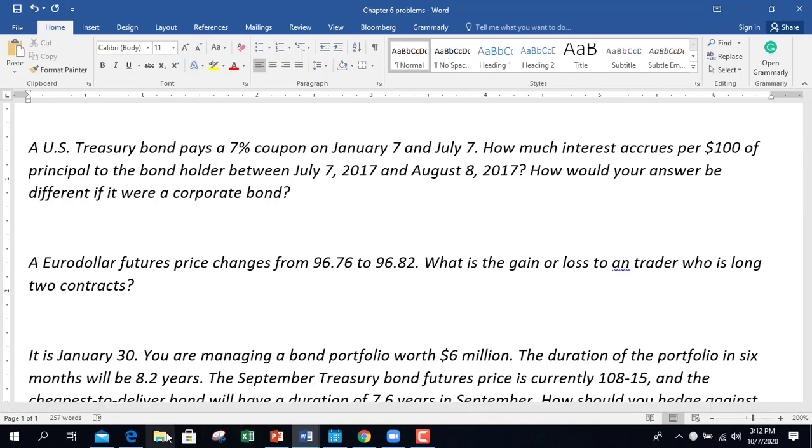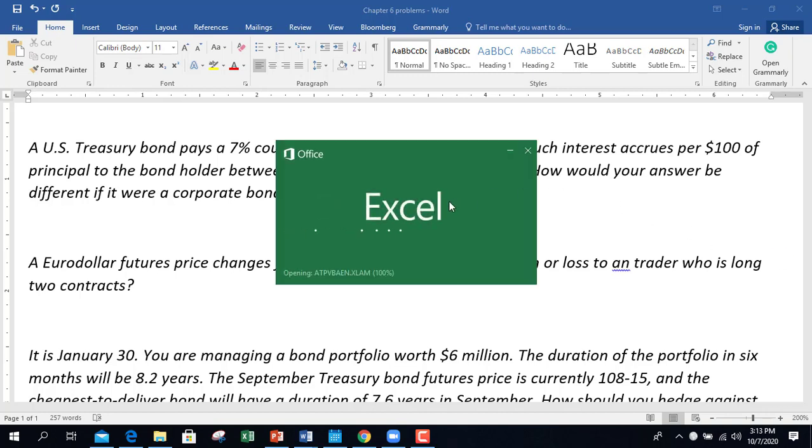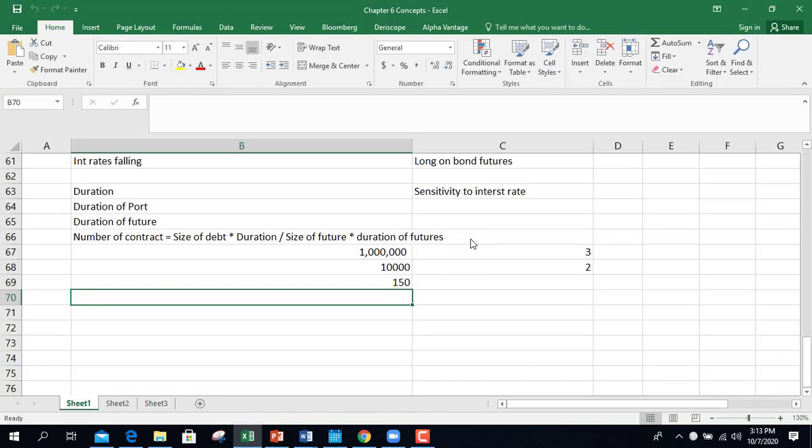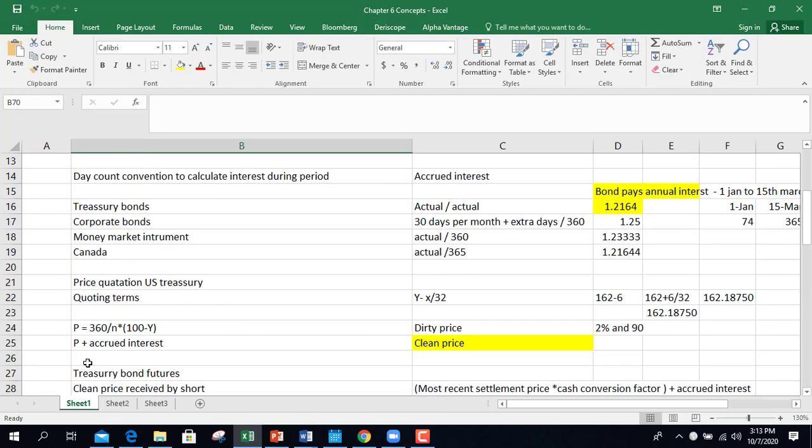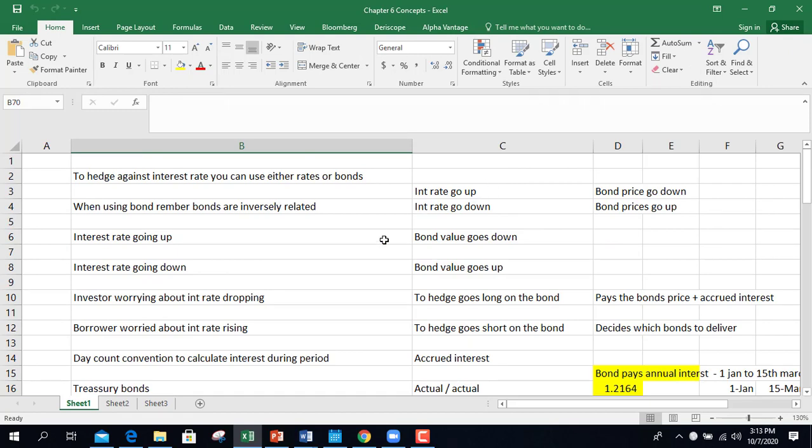So I'll open the Excel sheet for problem 6 that we discussed so that it is a little bit clearer. Okay, so this was the Excel sheet that we discussed in the recording.